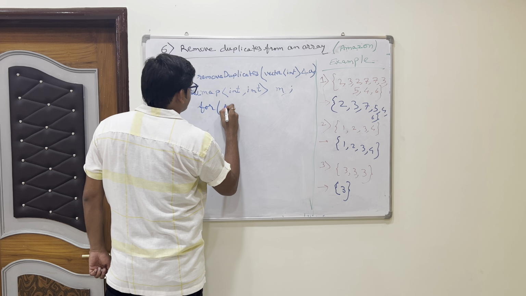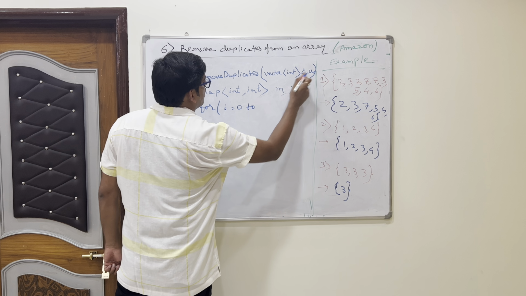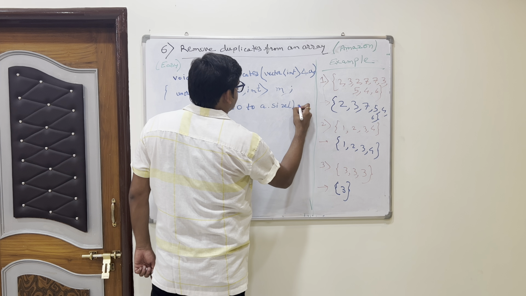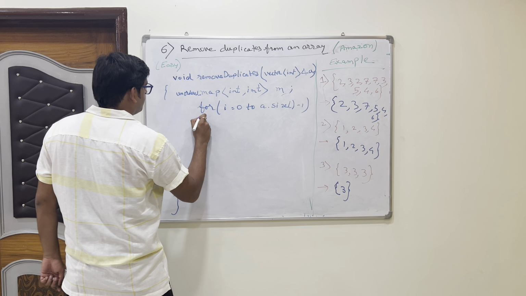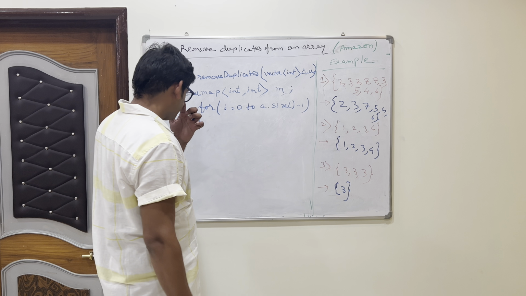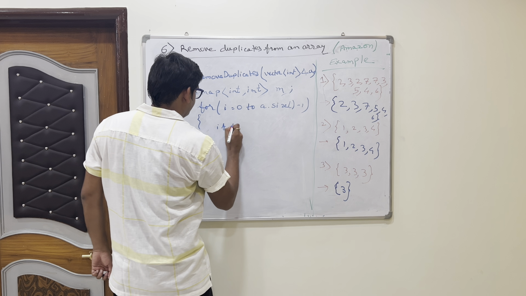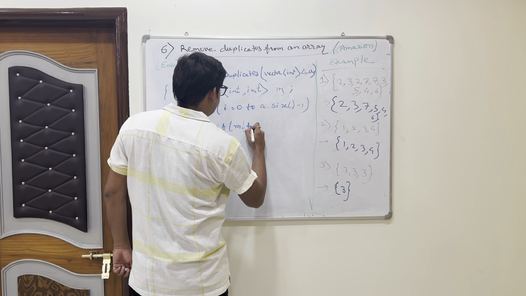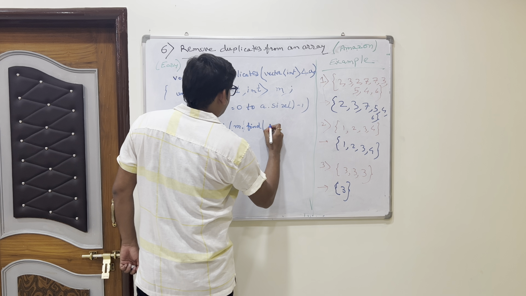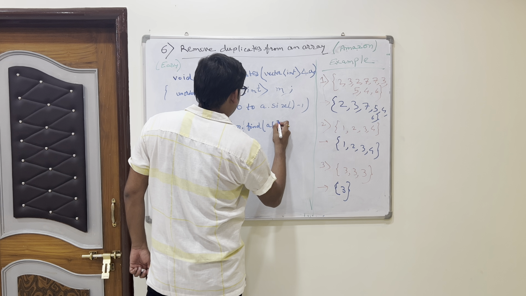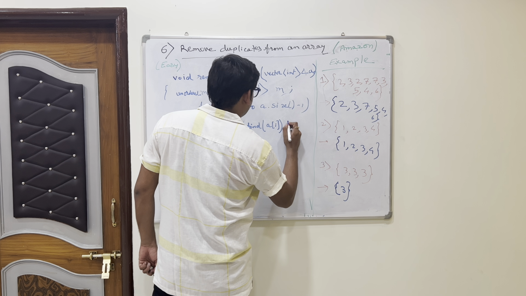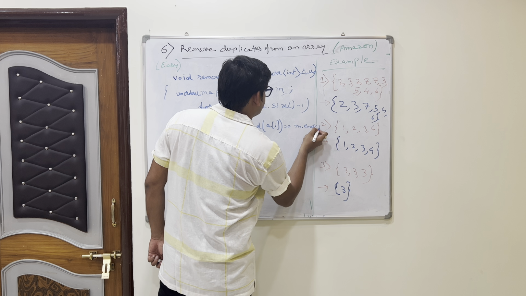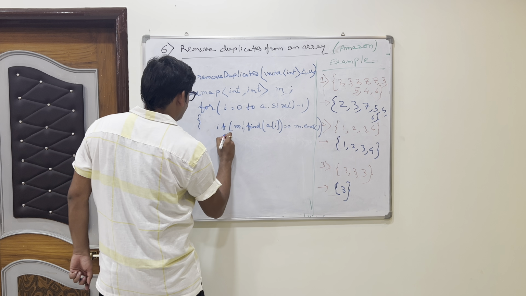So I will be traversing with i equal to 0 to n. We can find n using a.size(), n minus 1. Now the same logic: if m.find(a[i]) is equal to m.end(), that means the element has not come in the map.